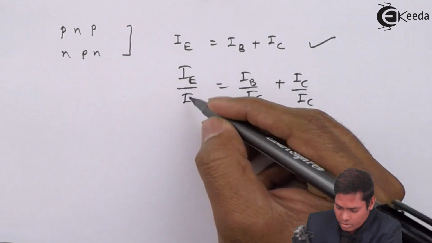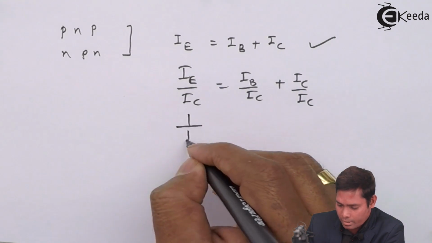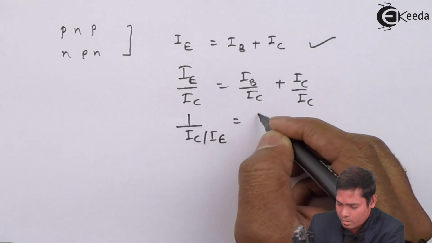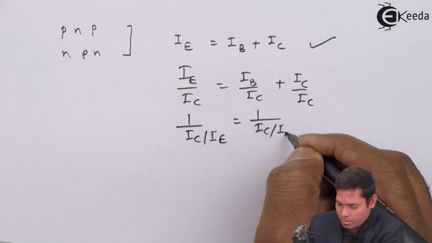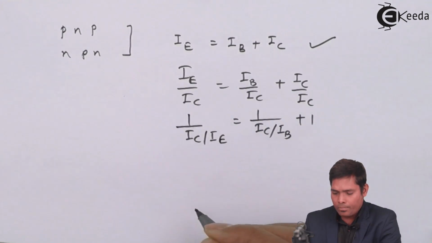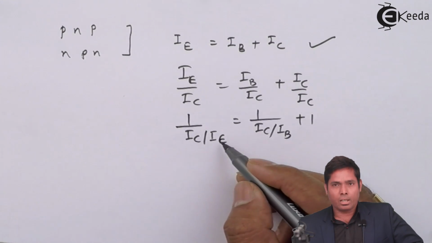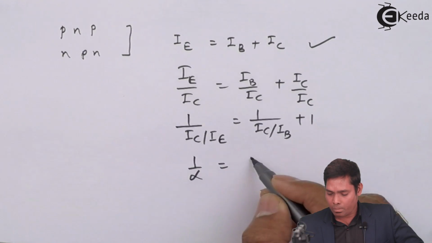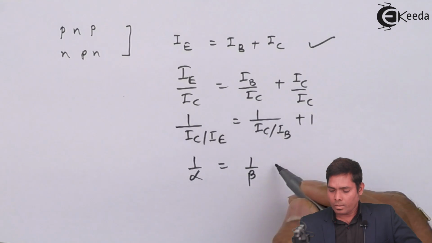I will write this as 1 upon IC over IE, this as 1 over IC over IB, and this is 1. IC over IE is alpha, so this is 1 upon alpha, this is 1 upon beta that we have just described, and this is 1.